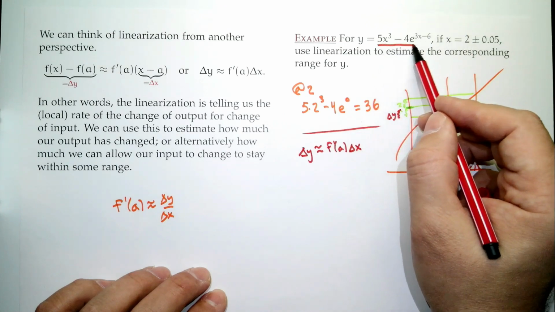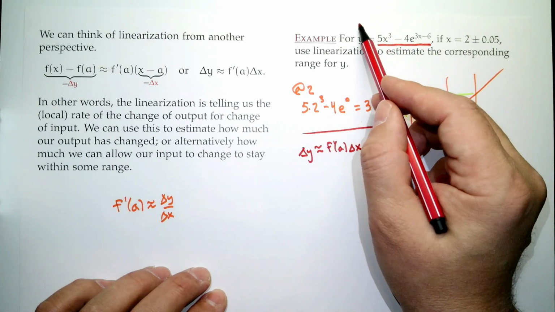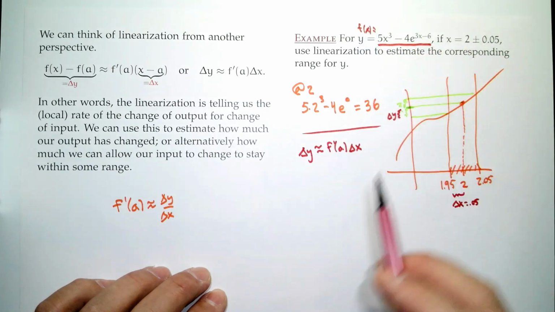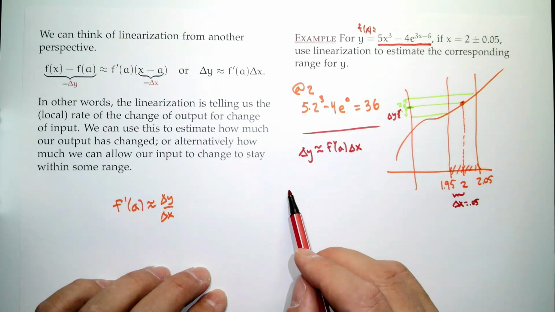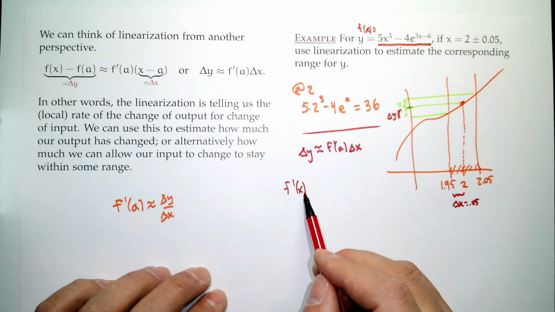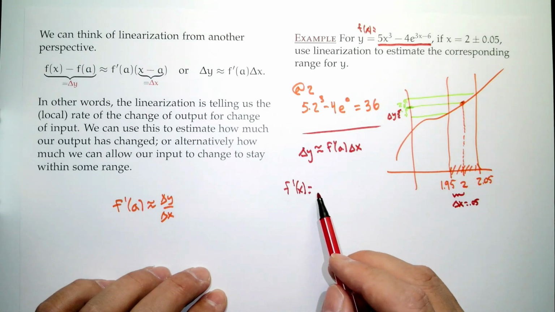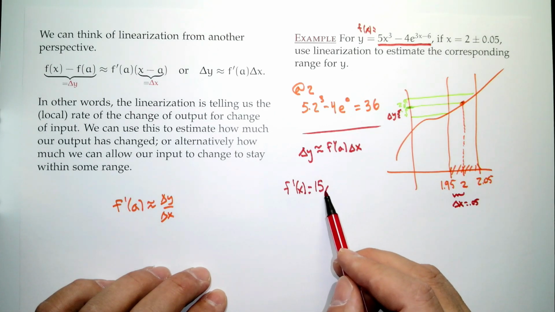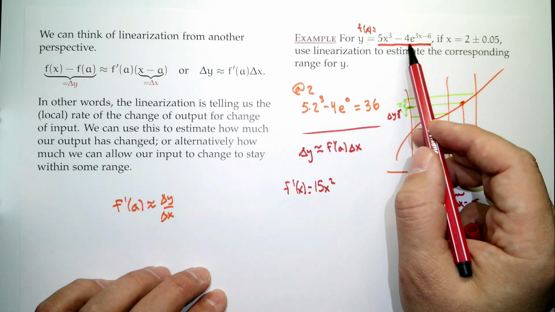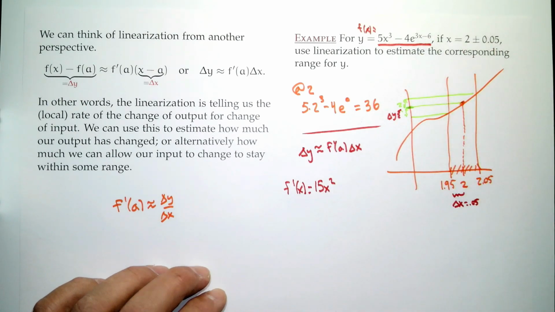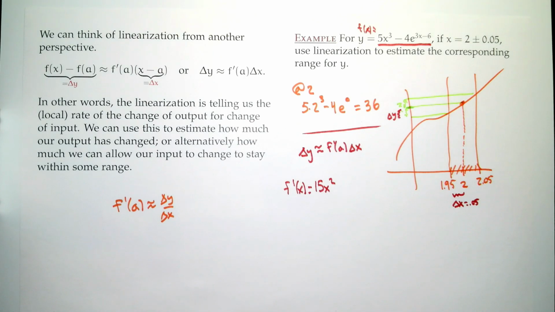And f of x is our function. So we start by taking the derivative. What's the derivative of 5x cubed? 15x squared. And now minus 4 times the derivative of e to the 3x minus 6. What will that be?